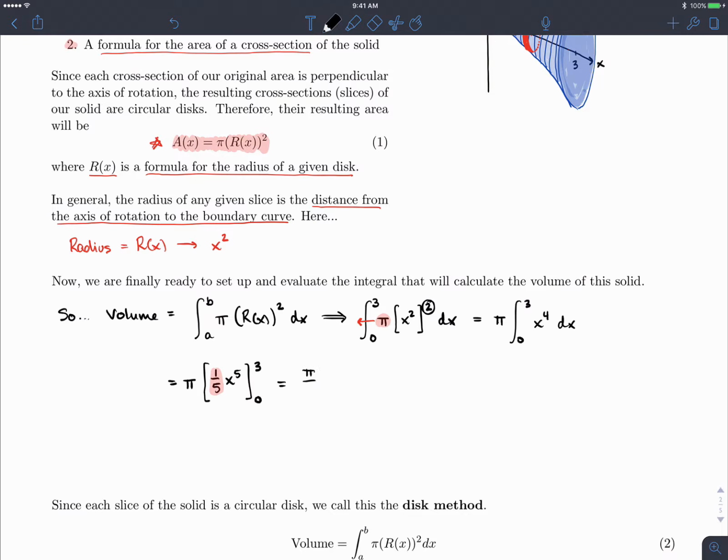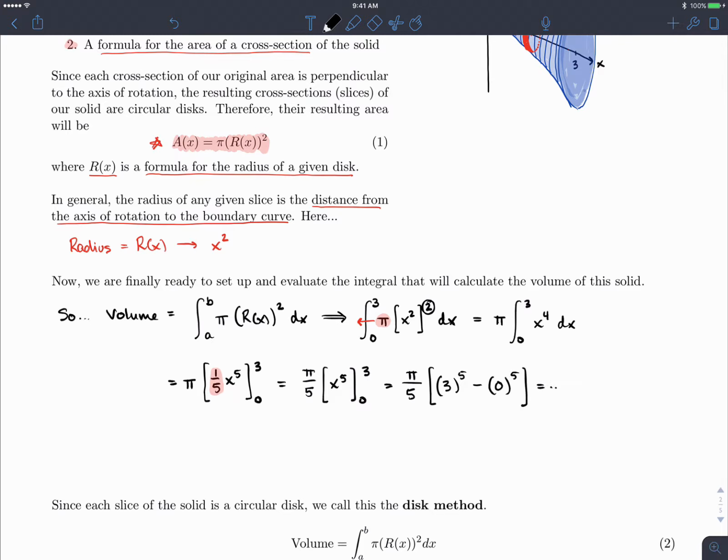So we're going to have pi over 5, and then x to the 5th evaluated from 0 to 3. So we use the fundamental theorem of calculus, and we take that antiderivative and evaluate it at our upper bound, and then subtract the antiderivative evaluated at our lower bound.